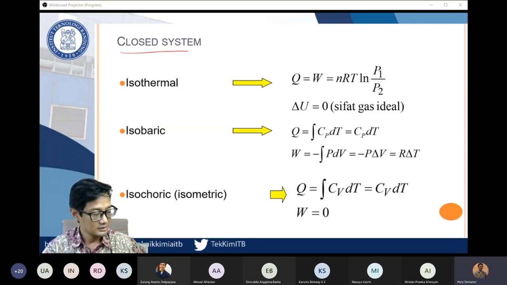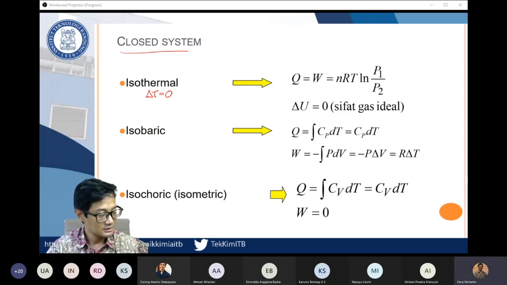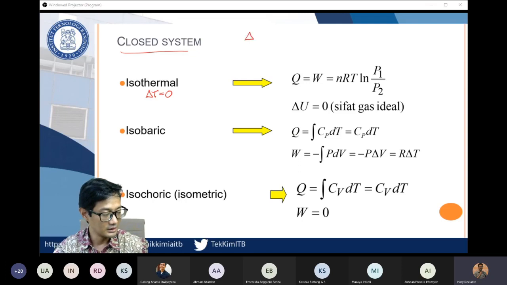In the isothermal case, it means delta T is equal to 0, where the final temperature would be equal to the initial temperature. If this is the case, let's try to break down everything. Remember the first law of thermodynamics, delta U is equal to Q plus W.